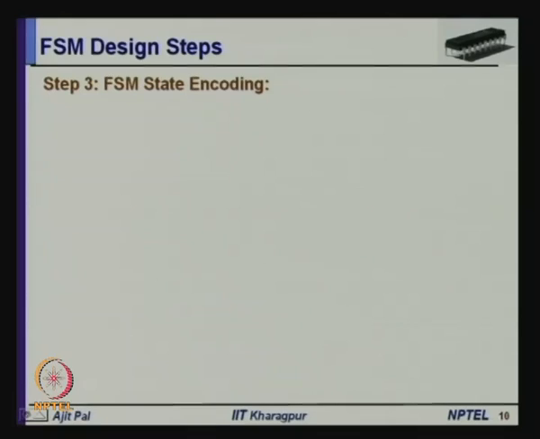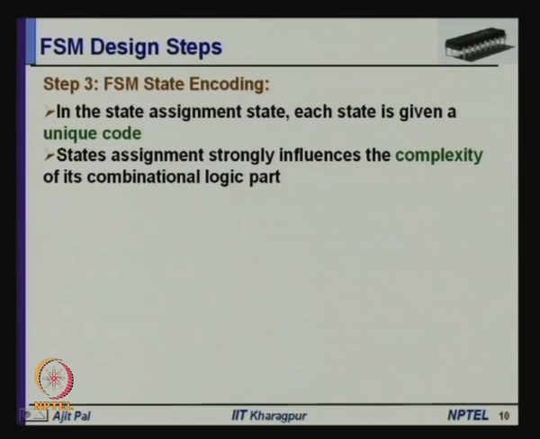So, each state has to be given a binary code. Just the symbolic name is not enough. That is done in this important step known as finite state machine state encoding. In the state assignment step, each state is given a unique code, so there should not be a common code for two states.